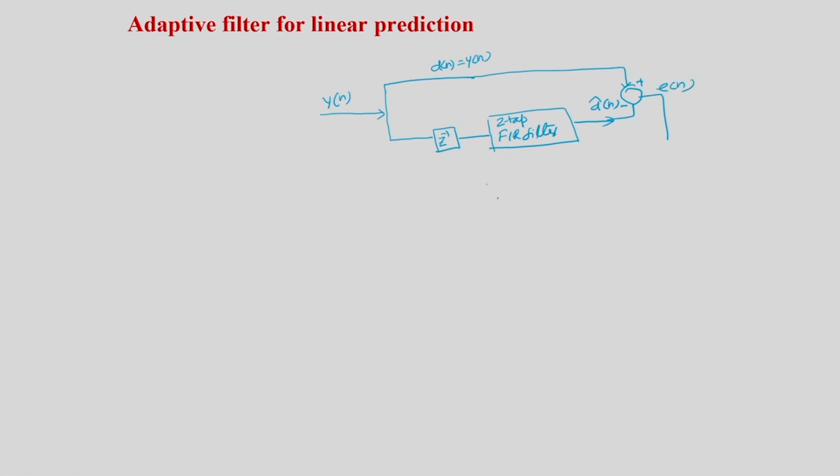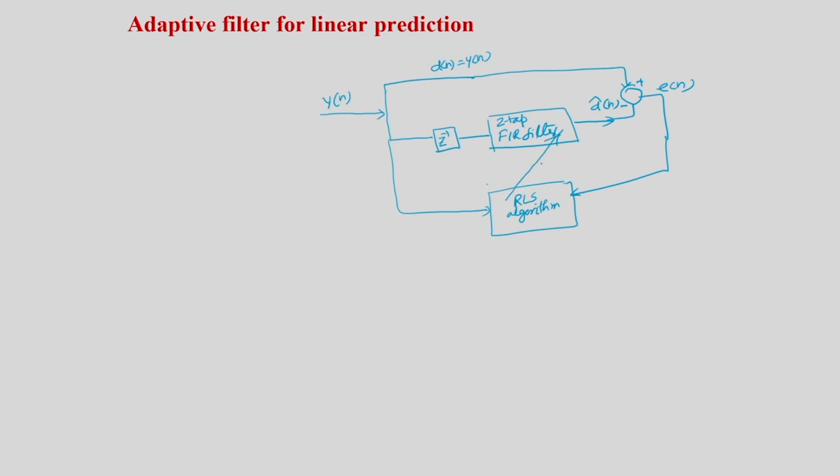Now we have the adaptive filter algorithm, that is the RLS algorithm here. This error will be passed here, and the filter coefficients will be updated.